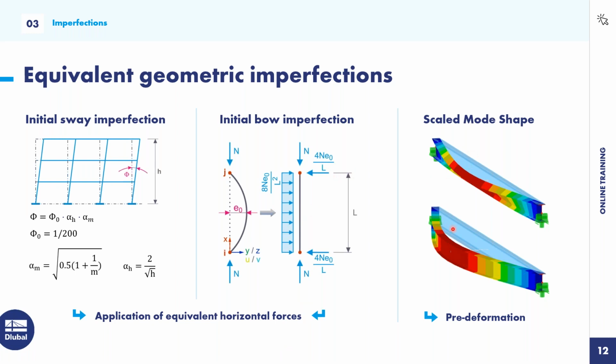With buckling shapes or buckling forms. So I do a kind of buckling analysis with our add-on structural stability. And when I see here this buckling form, I can scale this, and based on the scaled shape, I can also apply imperfection. So it's a kind of pre-deformation, and here we display the FE mesh nodes.